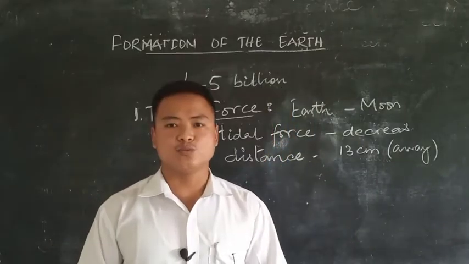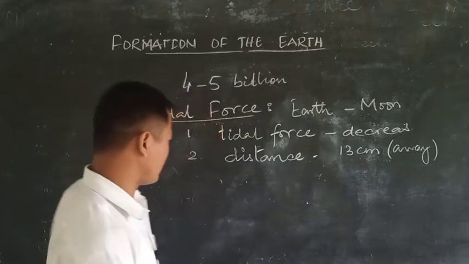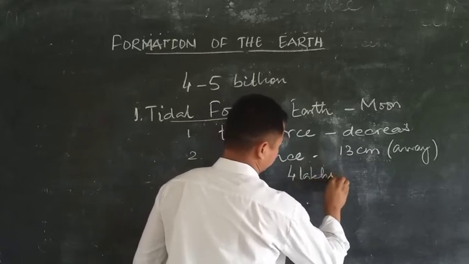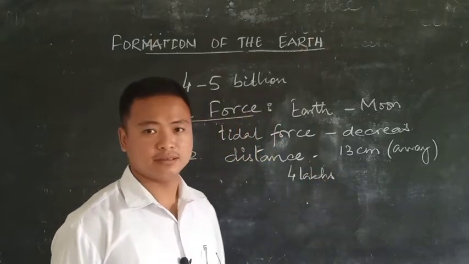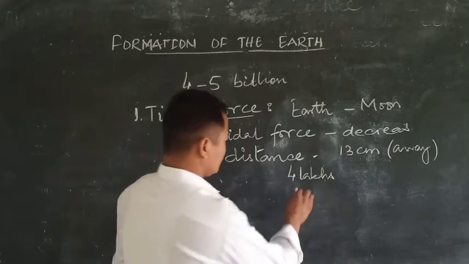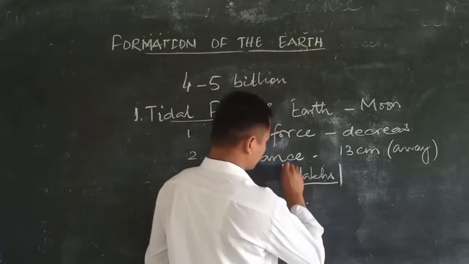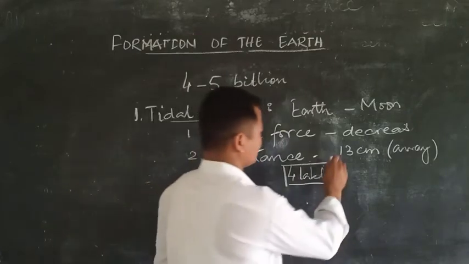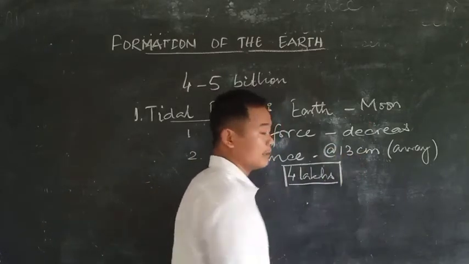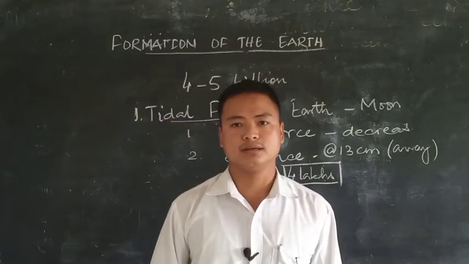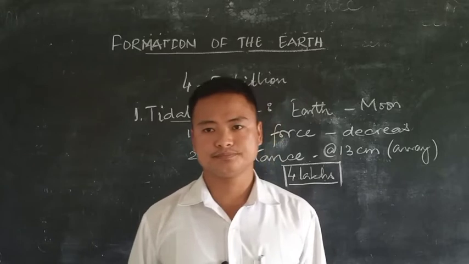And the distance at present is approximately 4 lakh kilometers from the Earth. To move 4 lakh kilometers at the rate of 13 centimeters per year, it took near about 4 billion years for the Moon.